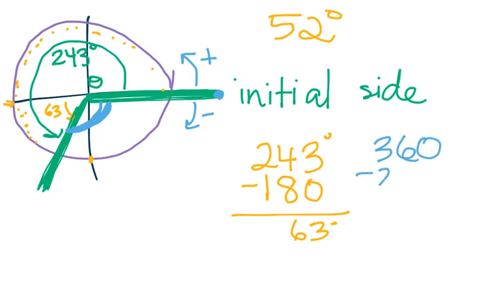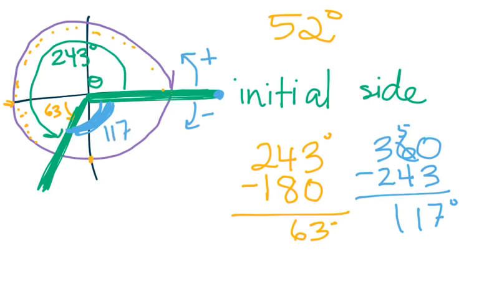You're going to take away 243, right? So then this angle here is 117 degrees, but it is negative. So if I ask you to draw negative 117, they're the same.